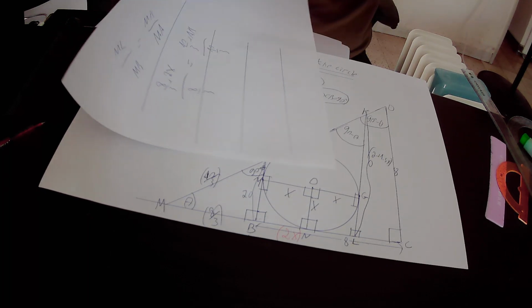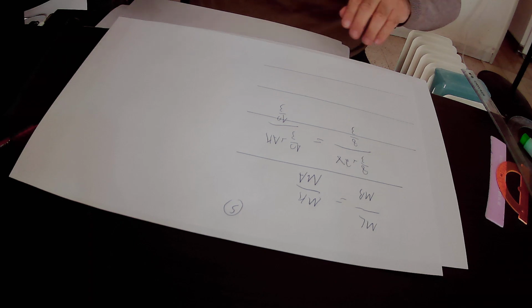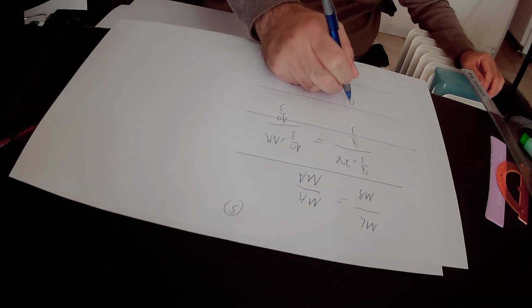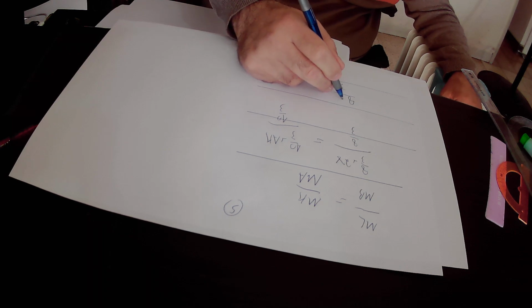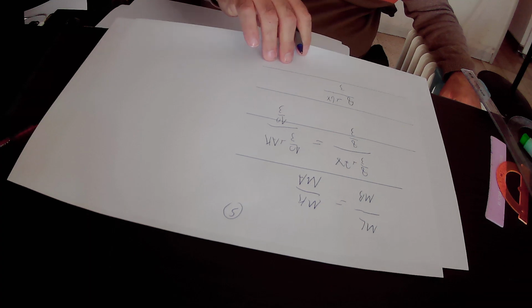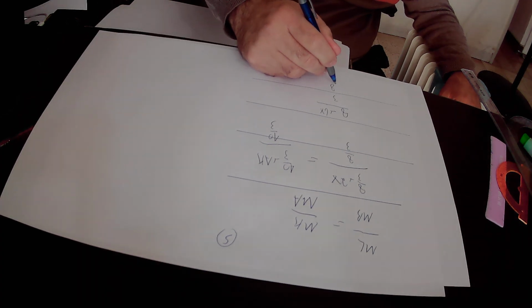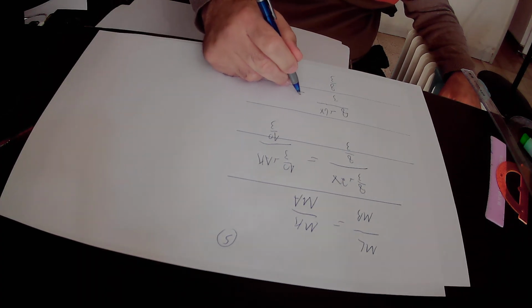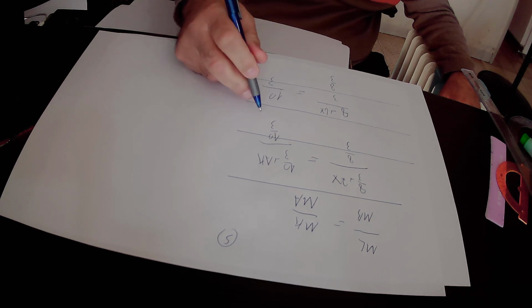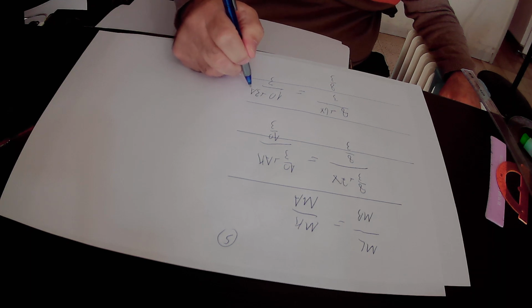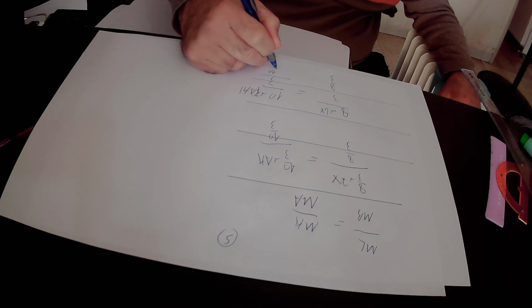Okay, so we'll get 8 over 3 plus 6x over 8 over 3 is equal to 10 over 3 plus 3AK over 8 over 3.